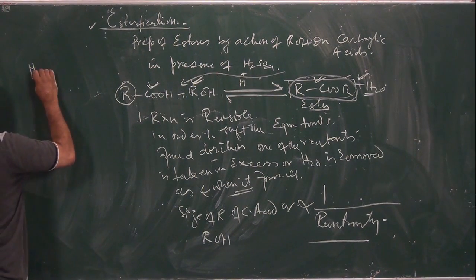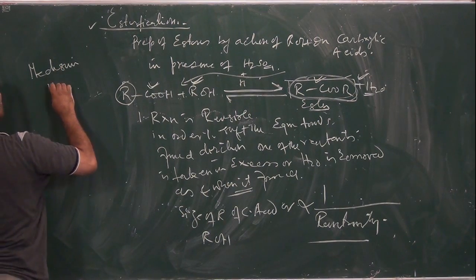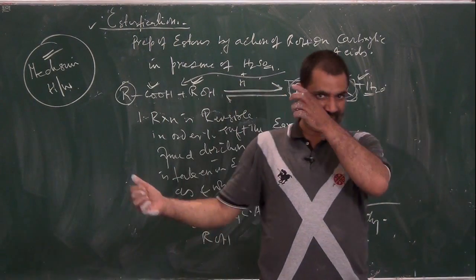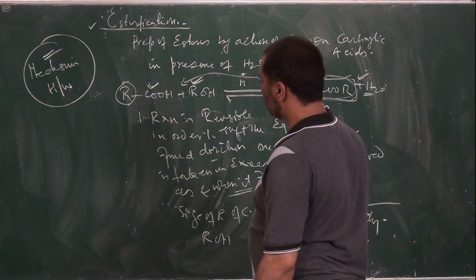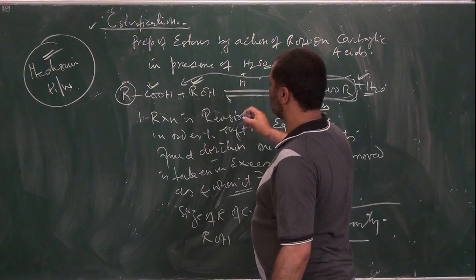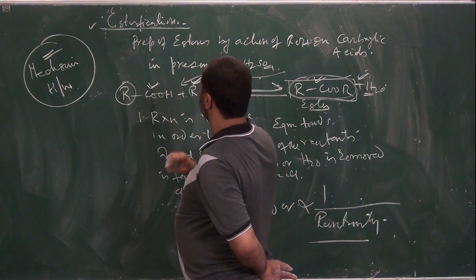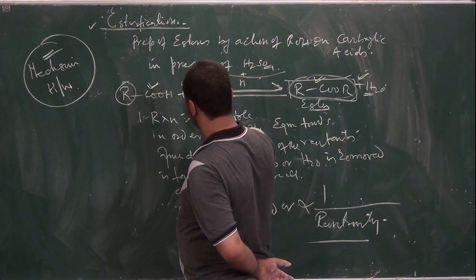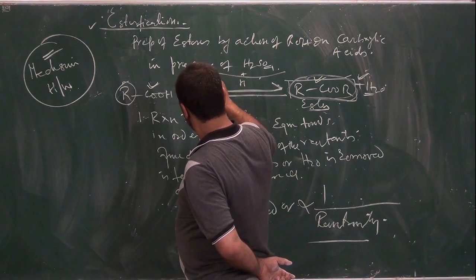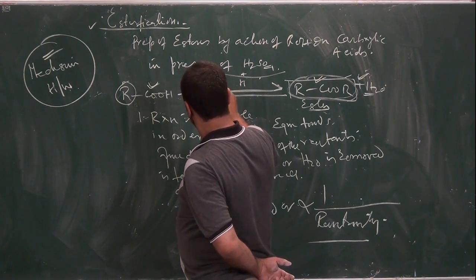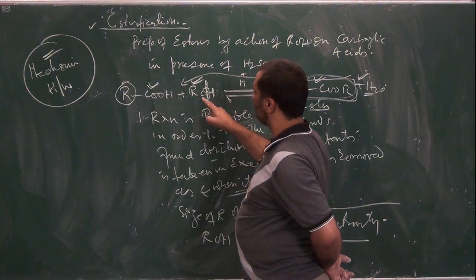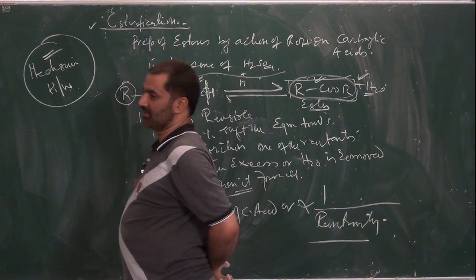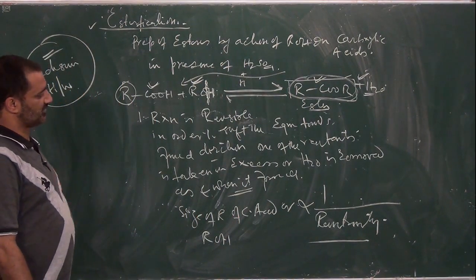Now, the mechanism I will give you as homework. It's very simple. Here is the hint: the ROH undergoes oxygen-hydrogen bond cleavage, not carbon-oxygen bond cleavage. This is esterification.